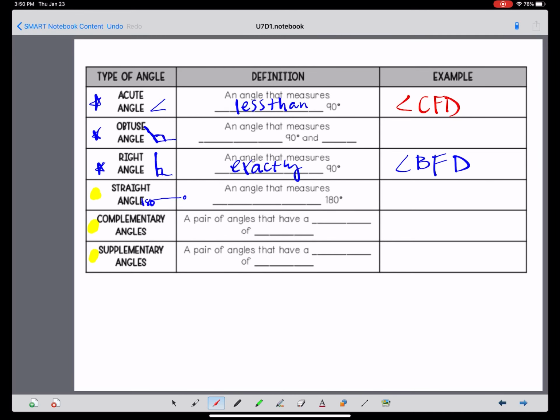Now let's go ahead and find an obtuse angle. An obtuse angle is an angle that measures between 90 degrees and 180 degrees. It measures between those numbers. And remember, an obtuse angle is kind of going to look like this, like really wide. It's just going to be a large span.